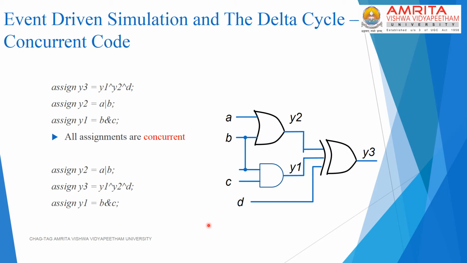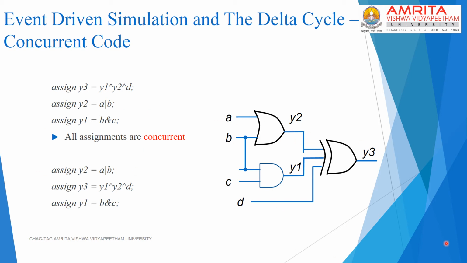It's basically a two-level circuit with the first level consisting of an OR gate and an AND gate, and the second level consisting of an XOR gate. So in the first fragment of code, you can see that the XOR gate appears first, whereas in the second fragment it appears second. But irrespective of the order, the same circuit is synthesized.